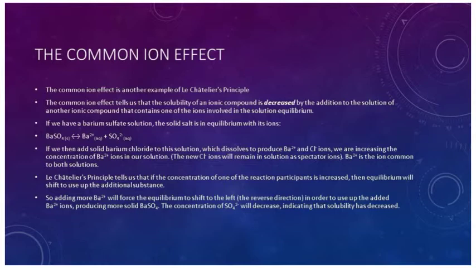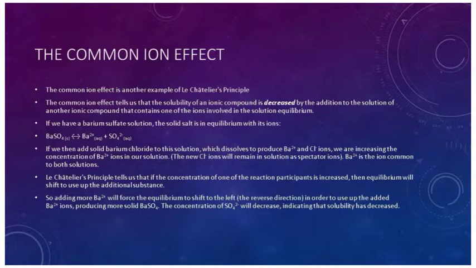If we then add solid barium chloride to this solution, which dissolves to produce barium and chloride ions, we are increasing the concentration of the barium ions in our solution. The new Cl ions will remain in solution as spectator ions. The barium ion is the common ion to both sides.